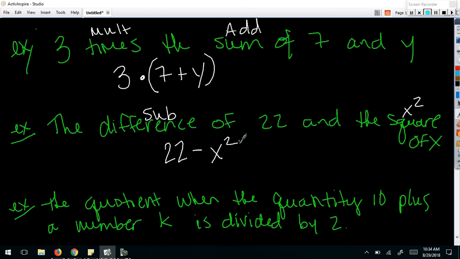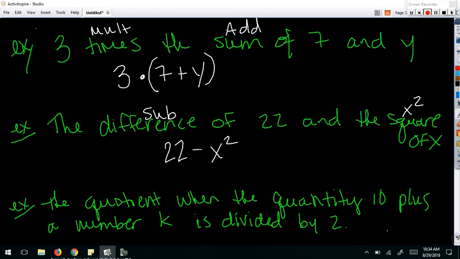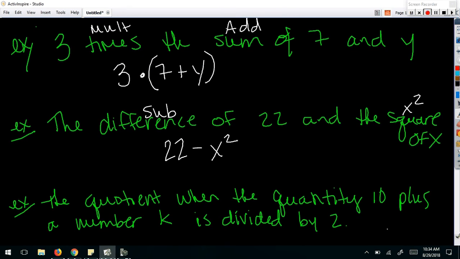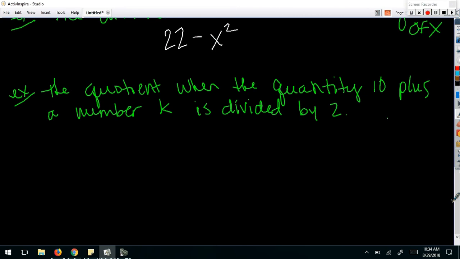All right, last one's hard. I see quantity. Well, quantity tells me to start with parentheses. So I know that this is in parentheses. Quotient means division, so this is going to be a division problem.